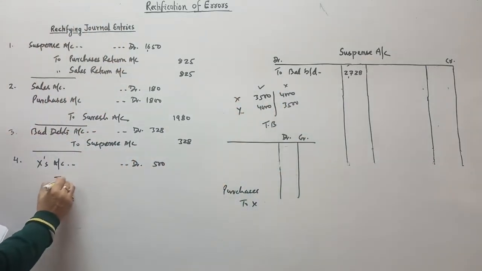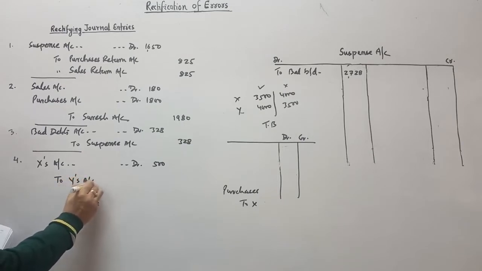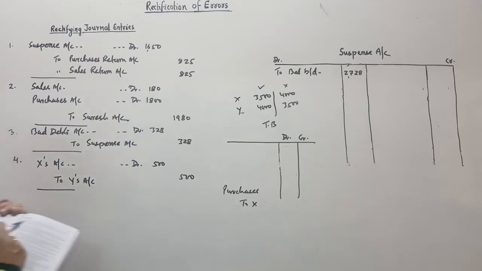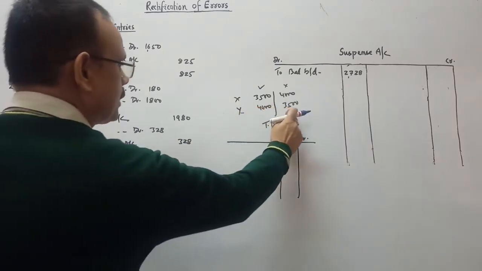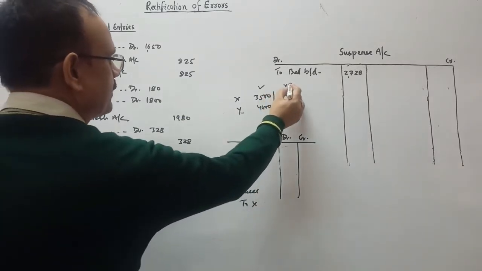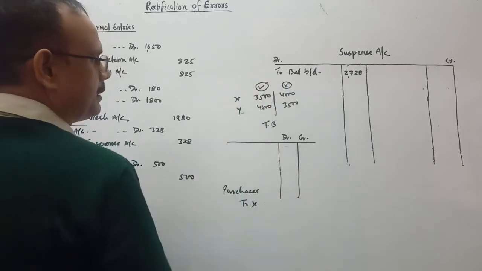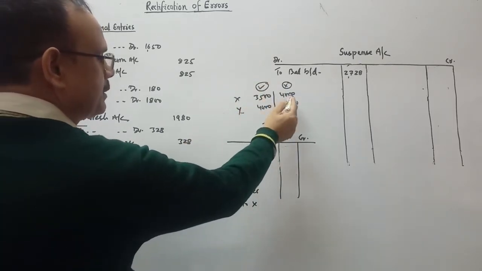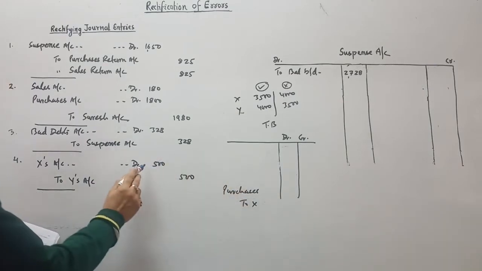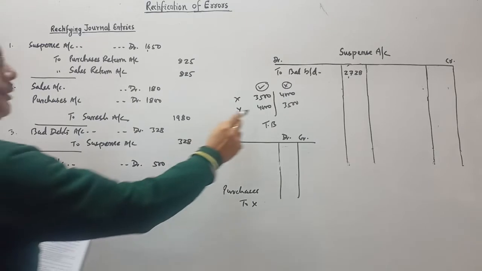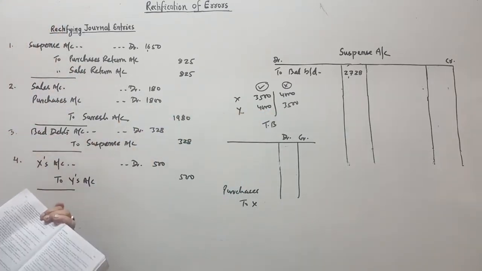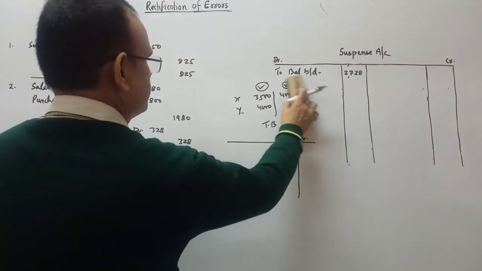So you have to credit a further amount of 500. This is the wrong posting, this is the right one. You have written more on the credit side of X, so you debit the X account, and you have written less in the Y account, so you credit the Y account. That's it. This is the rectification.